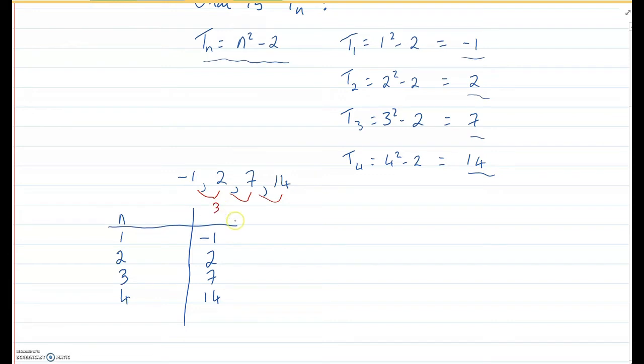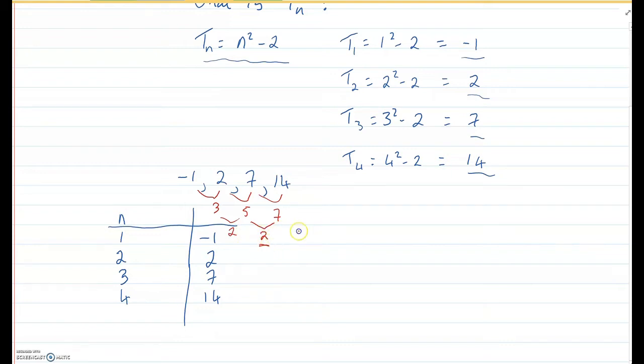Well, that's 3. What is the difference between 2 and 7? Well, that's 5. What is the difference between 7 and 14? Well, that's 7. So you can see your first difference changes, but what is it changing by each time? And I'm going to overlap here on my table slightly. You can see that it is going up by 2 each time.